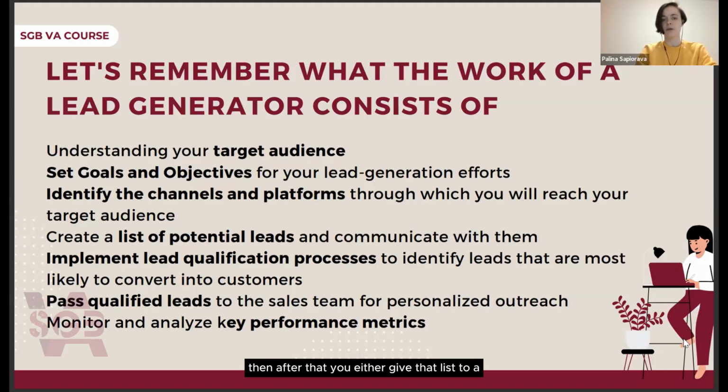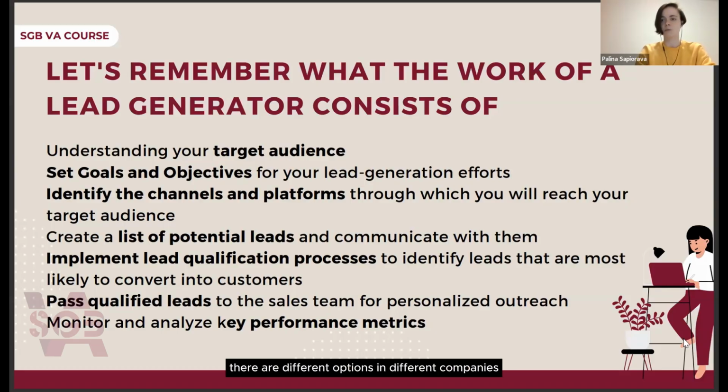And after that, you either give that list to a sales team, or you work with these leads to implement lead qualification processes to actually find out if these people are interested in some service or product, or they require more nurturing, more follow-ups, more information, and something like that. And usually after that, you pass qualified leads to the sales team.